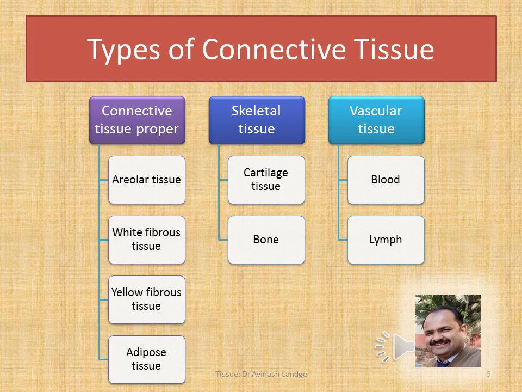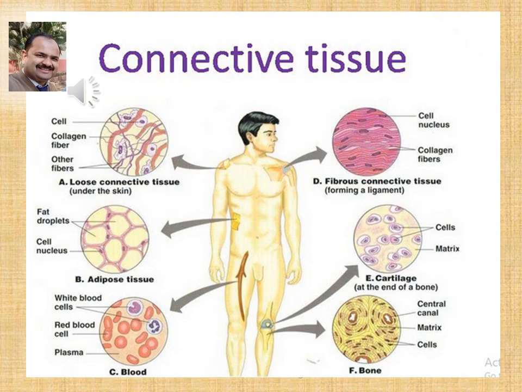Let us see the next different types of tissues with the help of figures. Diagrams are shown and I will explain them. See in this figure, you can see different types of connective tissues, such as loose connective tissues, which are present under the skin.